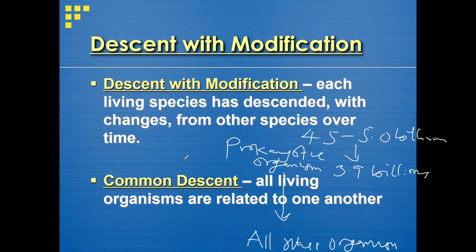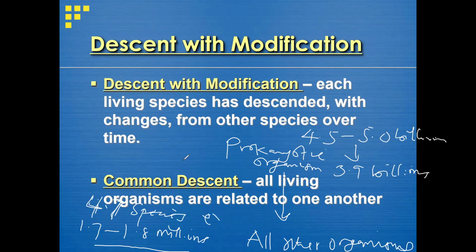Remember, I told you last time that the living organisms on Earth currently are around 1.7 to 1.8 million species. But about 4.7 billion species of organisms are now extinct because the environment no longer needs them. So they have been eliminated. The importance of this is to understand that all living organisms came from the same ancestor, which is these prokaryotic organisms. Okay?